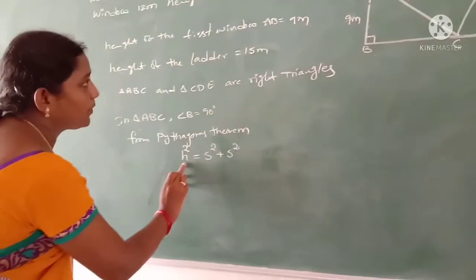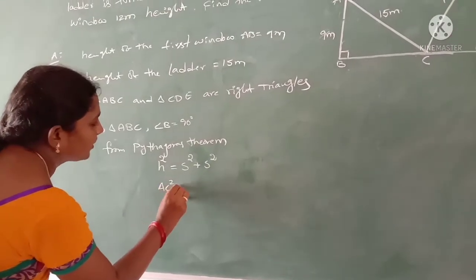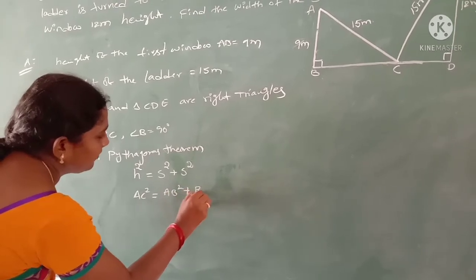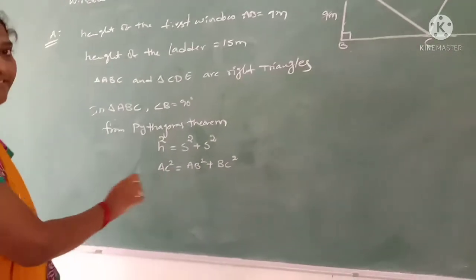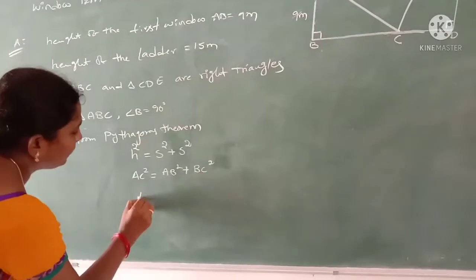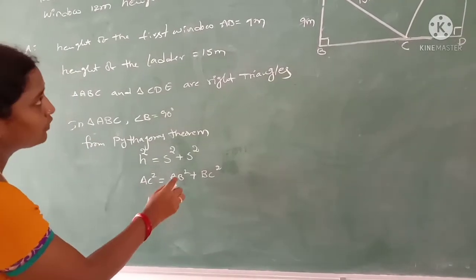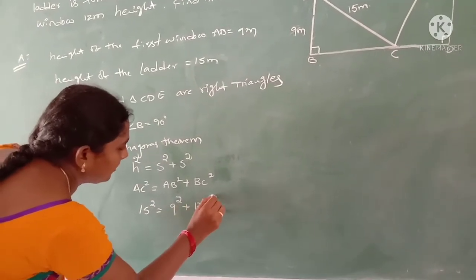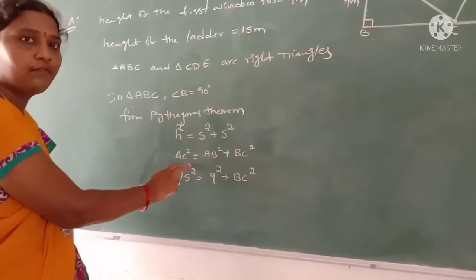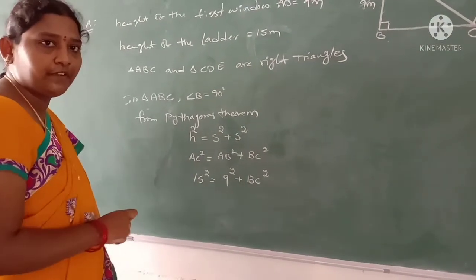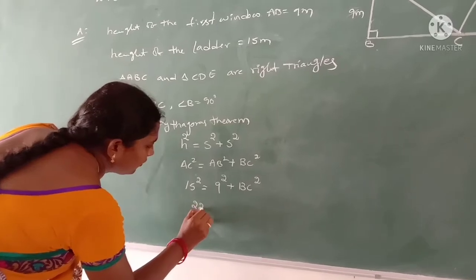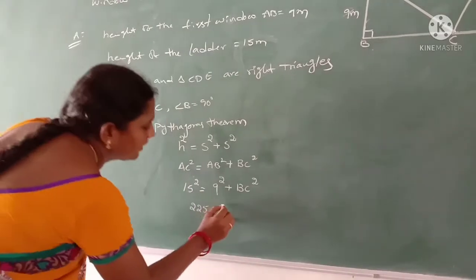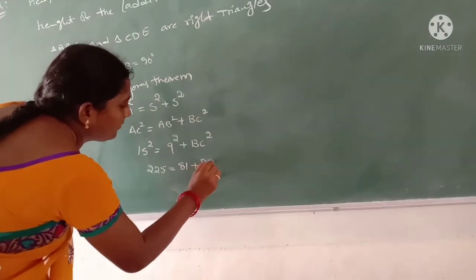So AC square equals AB square plus BC square. Write the values: 15 square equals 9 square plus BC square. 15 square means 15 into 15, 15 15s are 225. 225 equals 9 square, 9 into 9, 9 9s are 81, plus BC square.